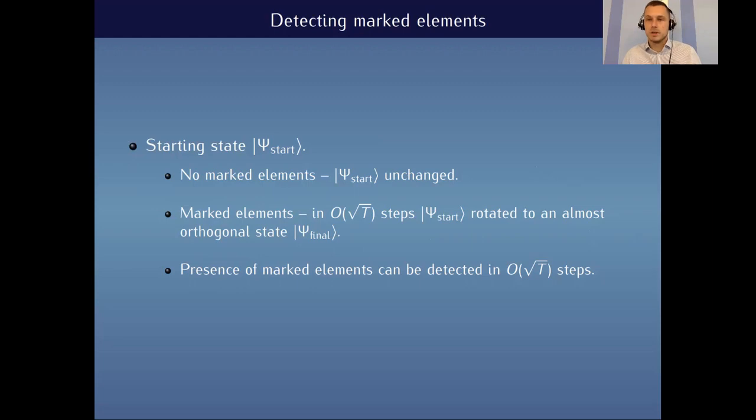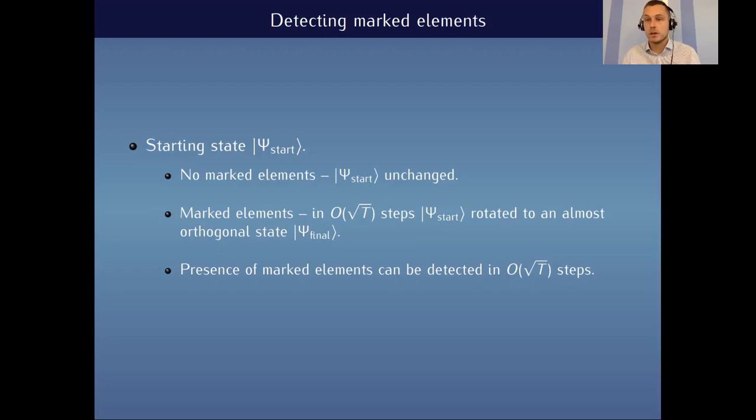The quantum walk starts in a certain state, and if there are no marked vertices, the quantum walk will leave the state intact throughout. However, if there are marked elements, with each step, the starting state gets rotated, ever so slightly.